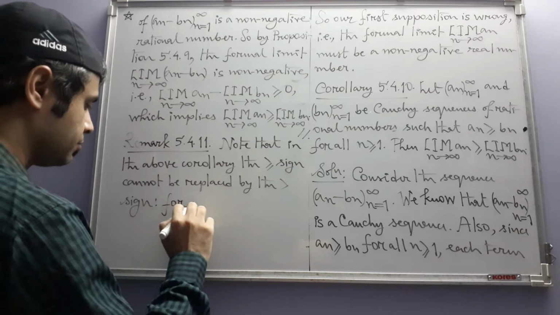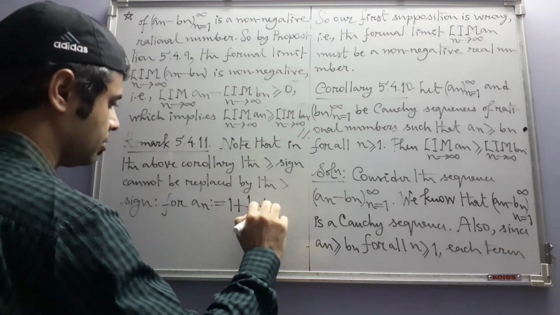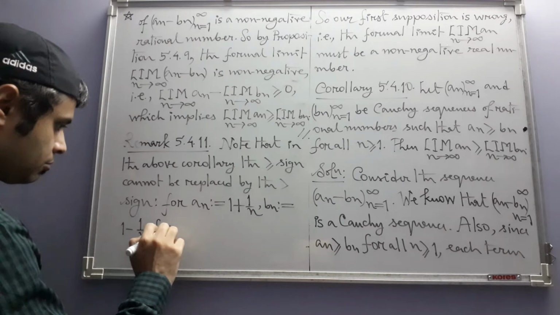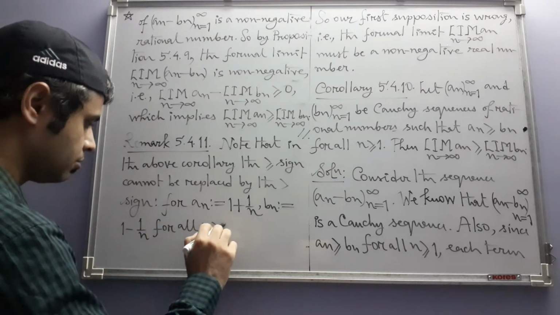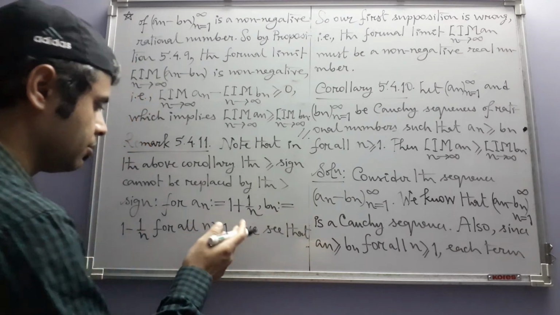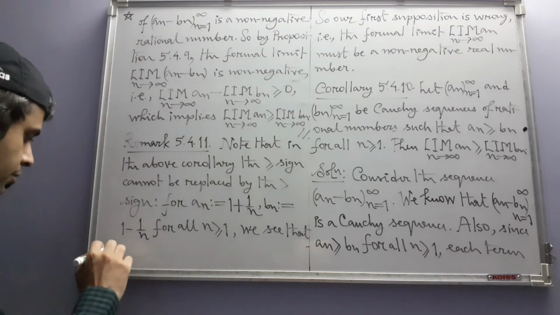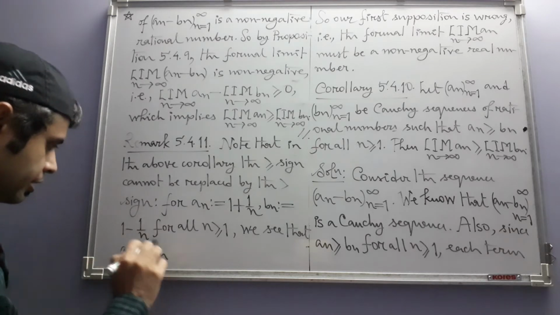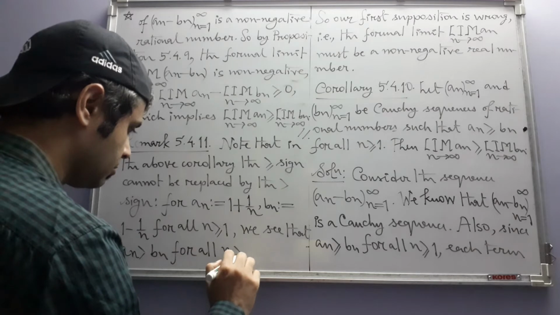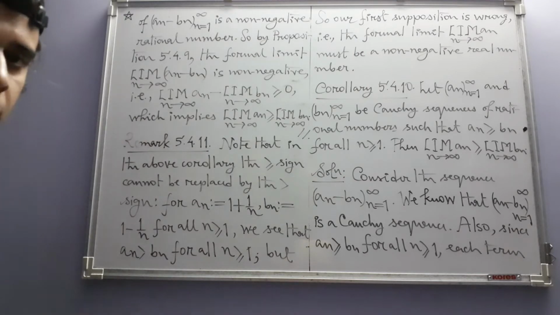For an equal to 1 plus 1 by n and bn equal to 1 minus 1 by n for all n greater than or equal to 1, we already know, or it can be easily shown, that both of these are Cauchy sequences of rational numbers, and an is strictly greater than bn for all n greater than or equal to 1, but their formal limits are equal and both of them are equal to 1.